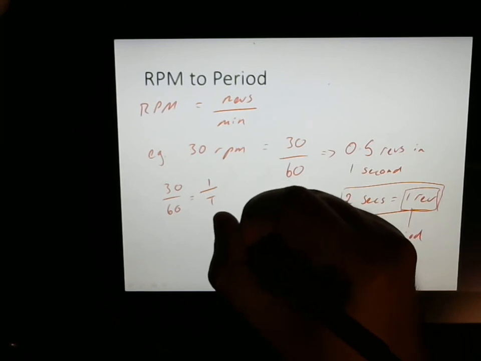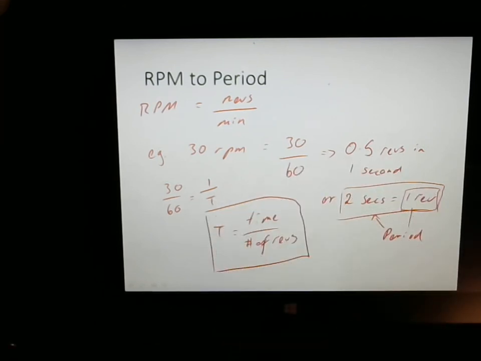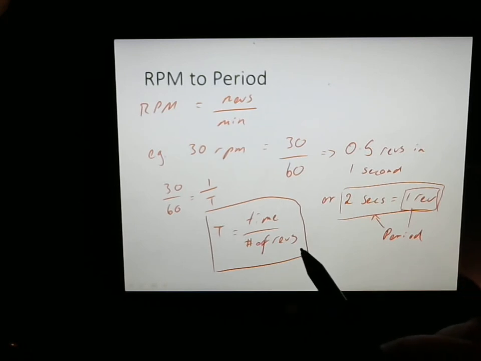If you want to turn an RPM into a period, you might actually get a question where you get told something like, it completes 25 revolutions in 40 seconds. Well, you can use this general approach.